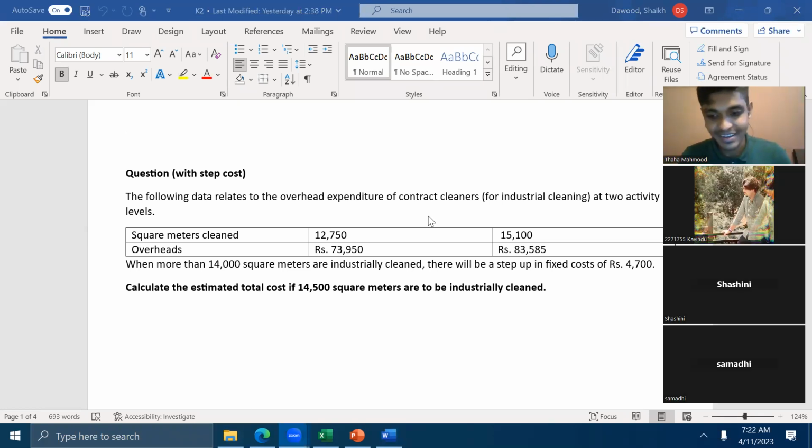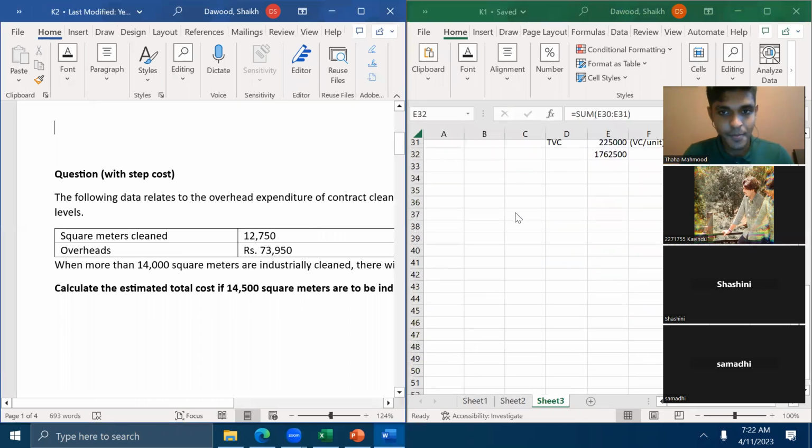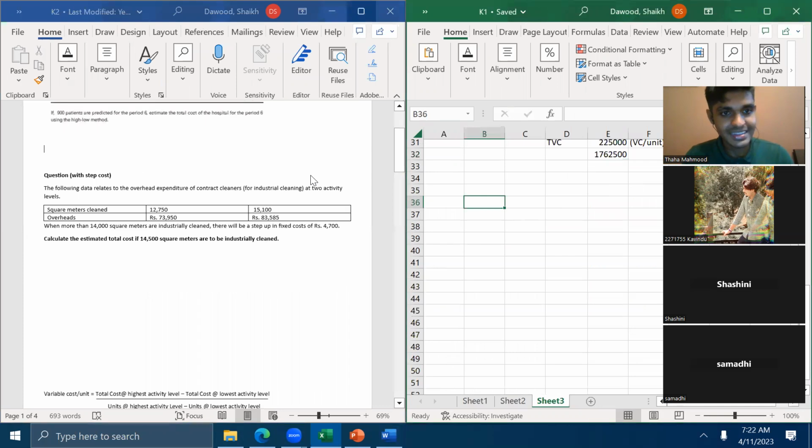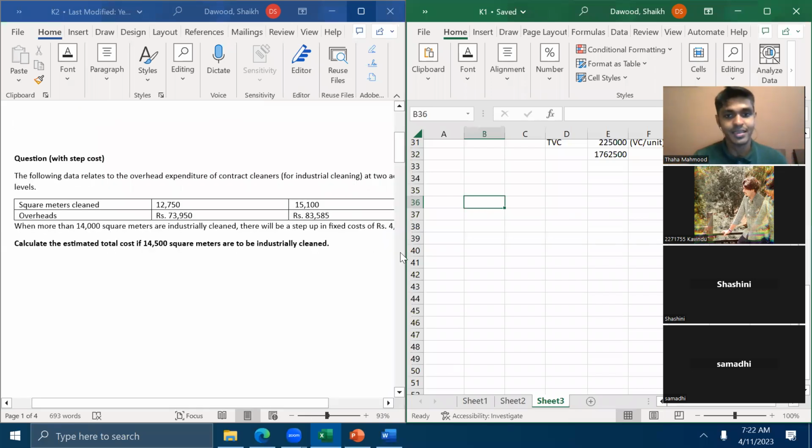All right, let's do this now. Similar information is given here, but the difference is that after one activity level there is this step fixed cost. So we are required to do the same thing.